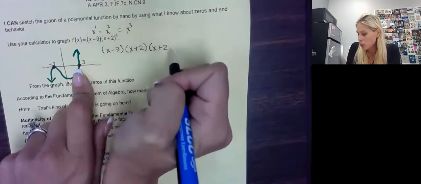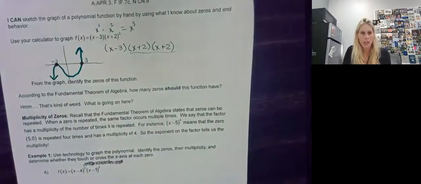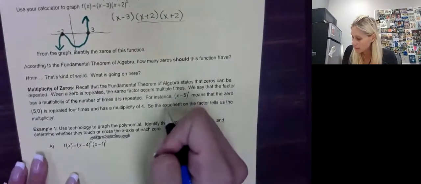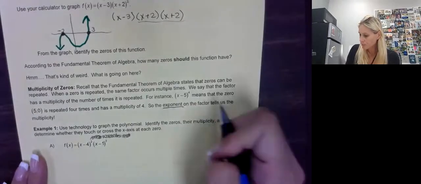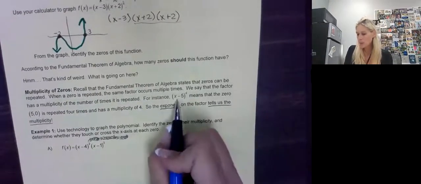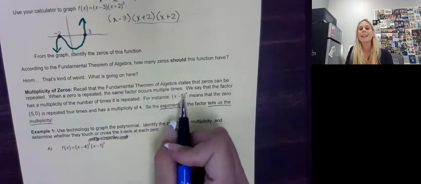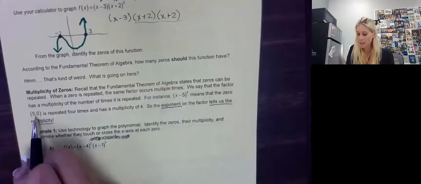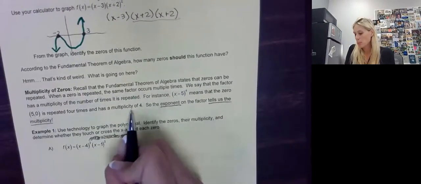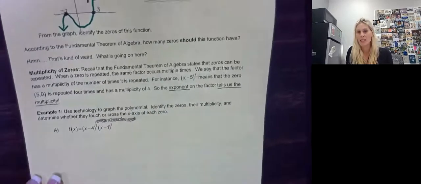So we have a multiplicity here of this zero. It happens twice. So what's really important is that the exponent tells us the multiplicity. So in this example here, when I have x minus 5 to the 4th, it means that the zero of 5, what makes that 0, has a multiplicity of 4, that exponent. And we're going to discover this a little bit more.